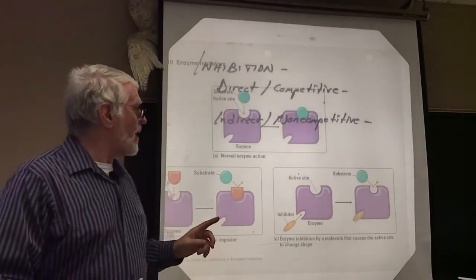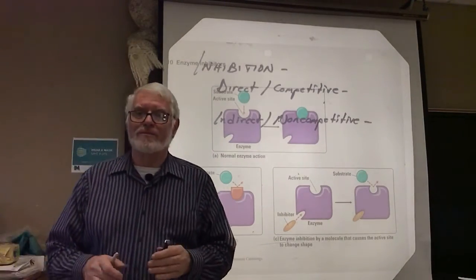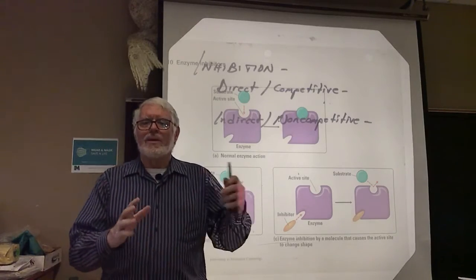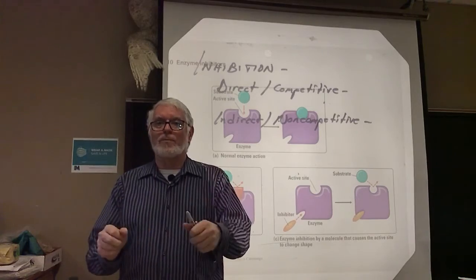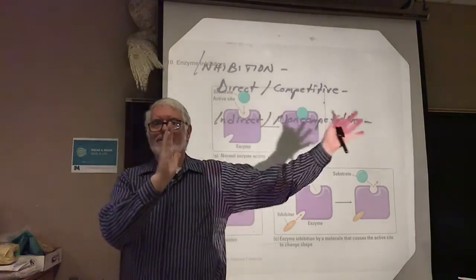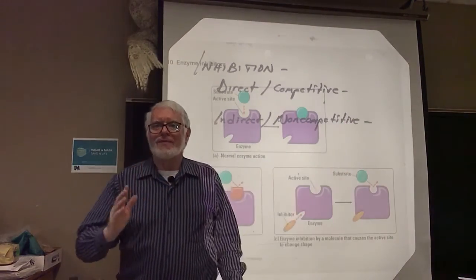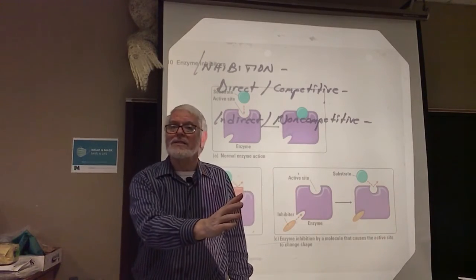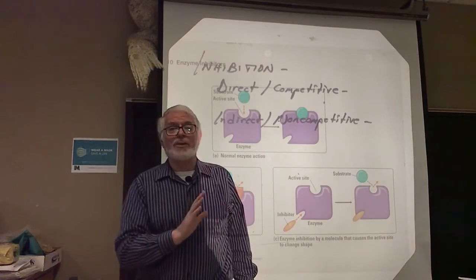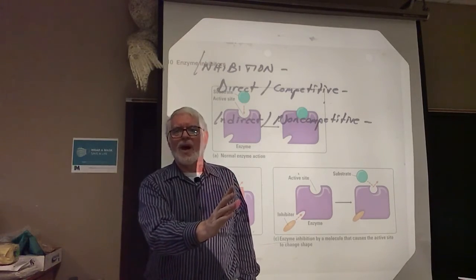Now, in indirect inhibition, this is one way, but I'm going to tell you the other way first. Go back to the garage. You're backing up and you realize that somebody has leaned their bicycle up against the garage door, so it's kind of hanging in front of the door. It's not in the garage where you're trying to put the car, but you can't get past it to get into the garage.